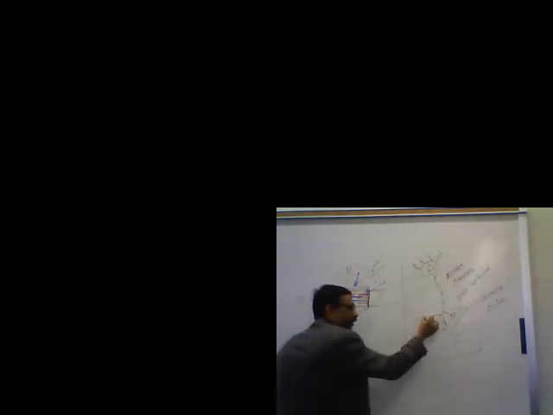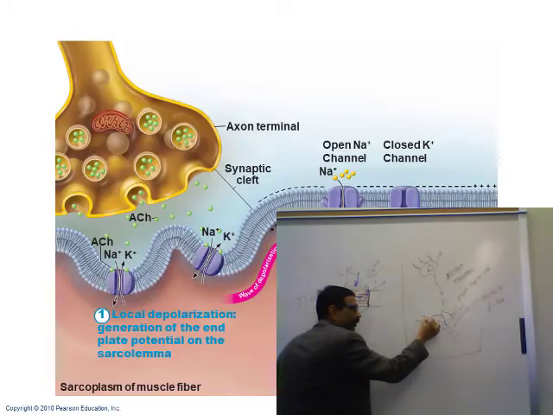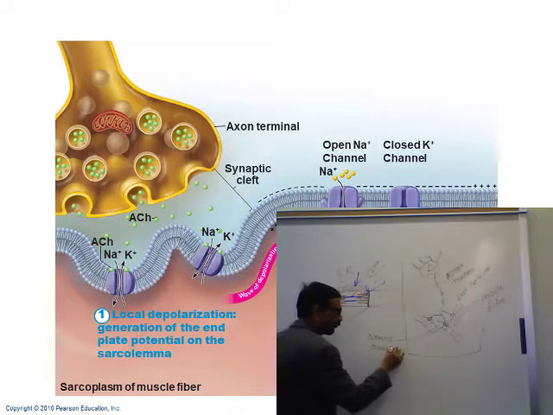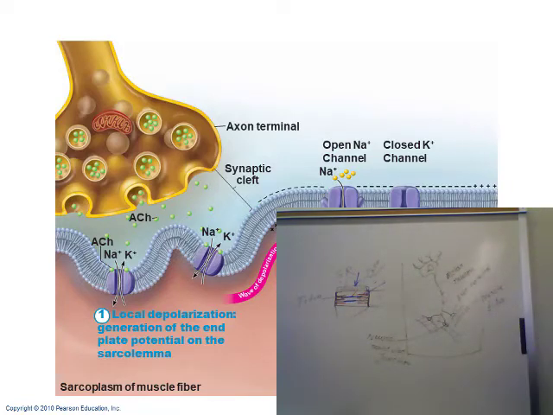Now, this area where the neuron ends on the muscle fiber is called a neuromuscular junction. Very microscopic, right? This is called a neuromuscular junction, the connection between the neuron and the muscle fiber. Now, how does the structure of a neuromuscular junction look under a very powerful electron microscope?